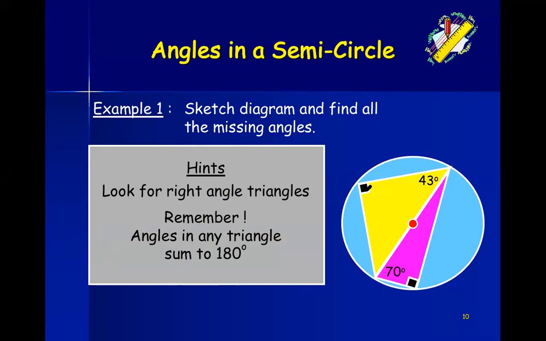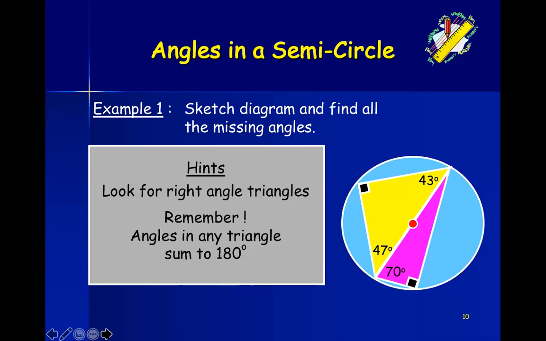Now that we know that these are 90, 90 plus 43, take that away from 180, you get 47. Then 180 take away 70 is 110.